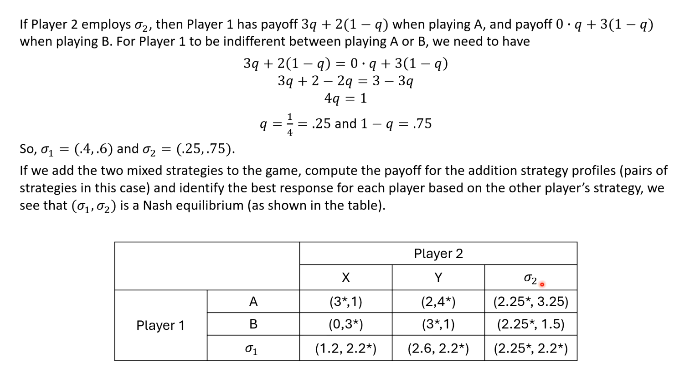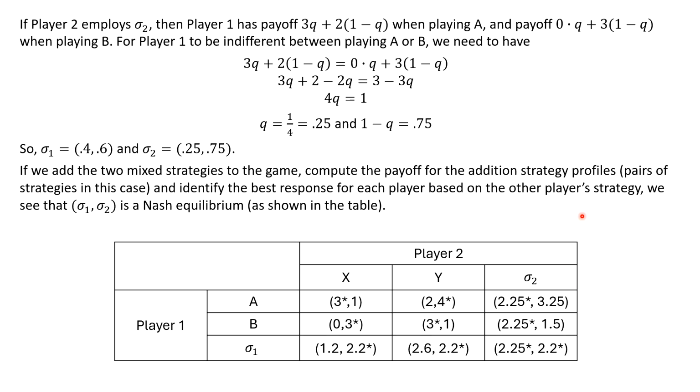Then we have to compute the expected payoff if player 1 plays sigma sub 1 and player 2 plays sigma sub 2, and we can do that. We've done that before. There's several calculations. We need to use all these probabilities here to come up with this. I'll leave that as an exercise for you to verify.